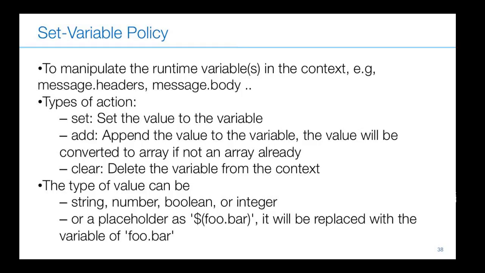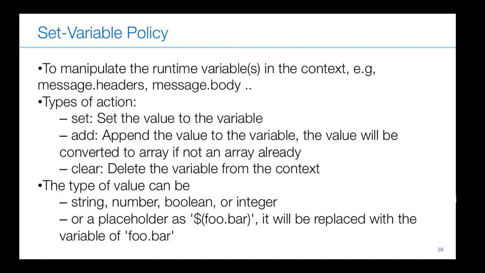Okay, we just heard you talk about the add action. It will append the value to an array, and if there is already an object and the value is not an array, you will convert it to an array, and the existing value will be the first element, and the value added will be the last one.